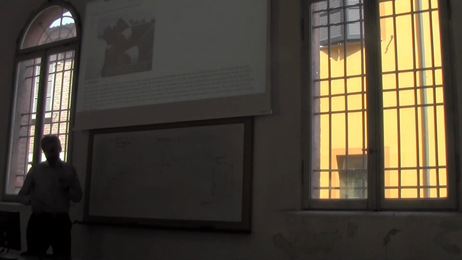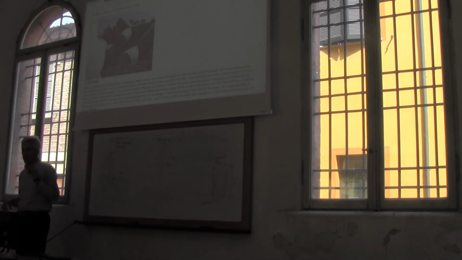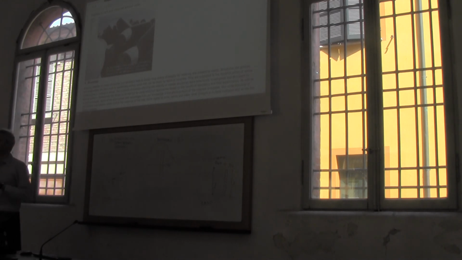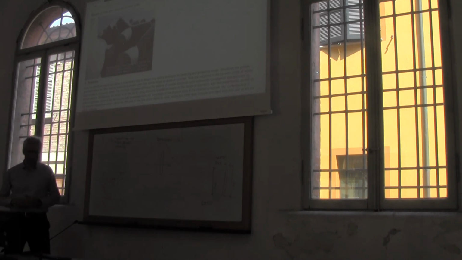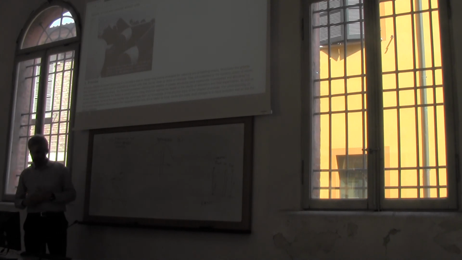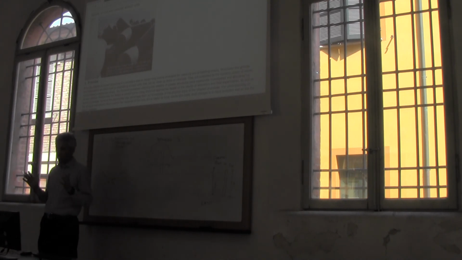But a relevant question is: an armor unit, whatever it is, a tripod or a rock boulder, is it stable? So I think that Professor Archetti mentioned to you the Hudson formula. The Hudson formula is an empirical formula for estimating the stability of breakwaters and groins.